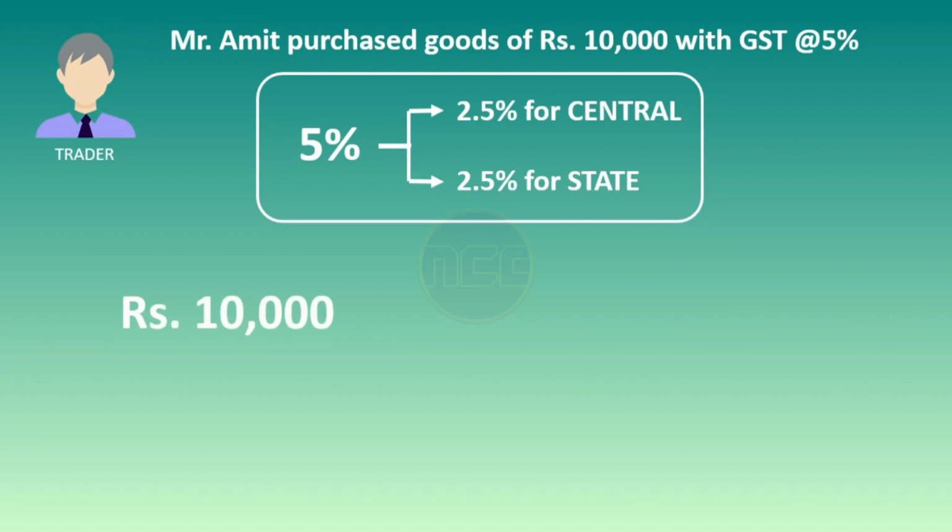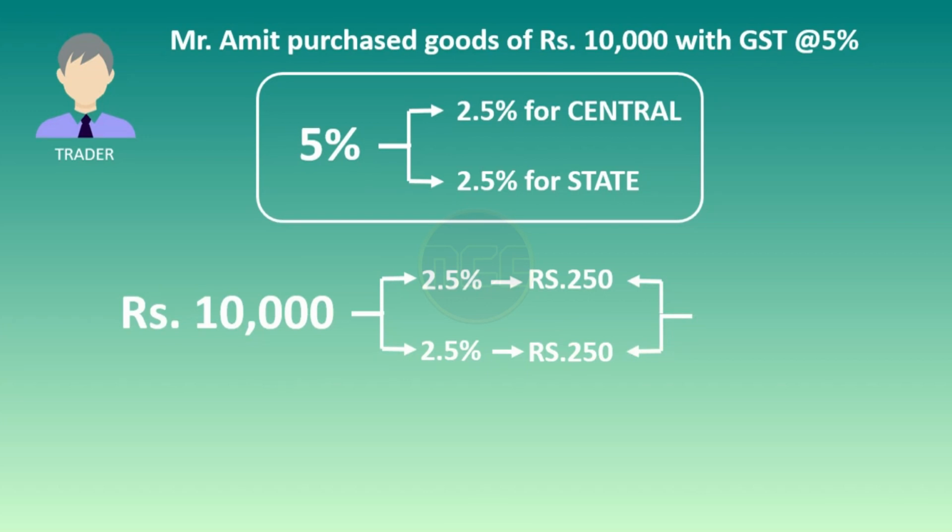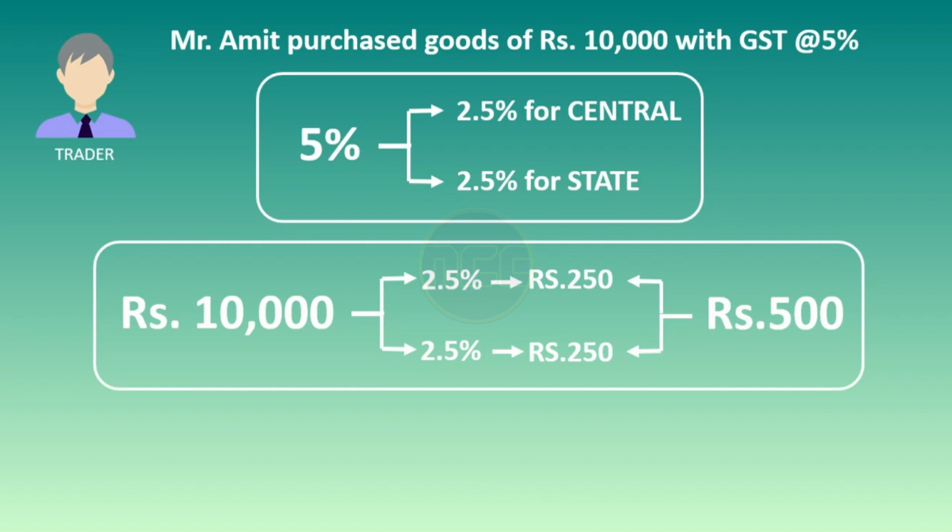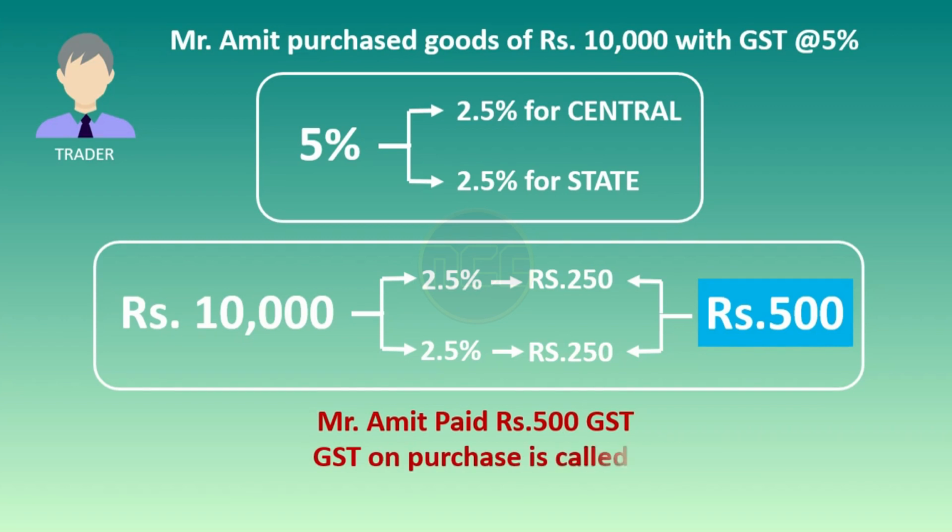The amount is rupees 10,000. So 2.5% on 10,000 is rupees 250 and again 250. Total amount of CGST and SGST is rupees 500. So Mr. Amit paid rupees 500 GST while he purchased the goods. It is input GST. GST on purchase is called input GST.